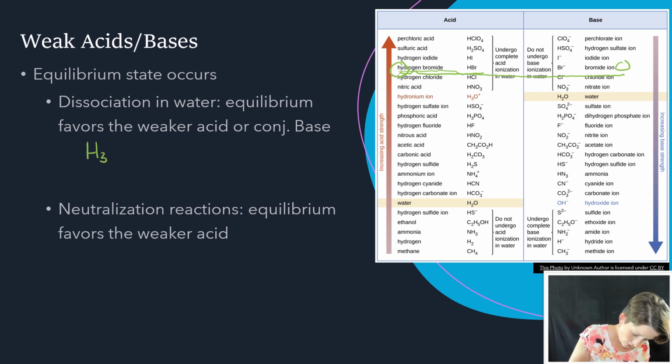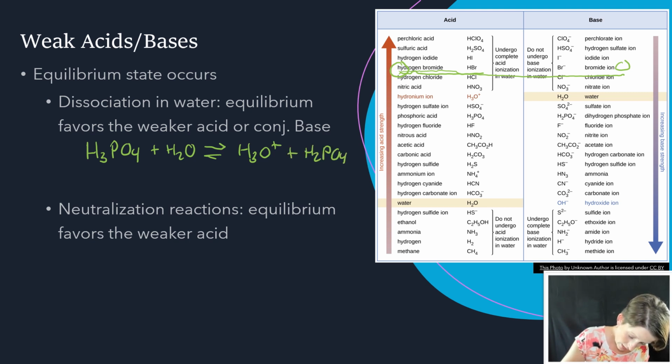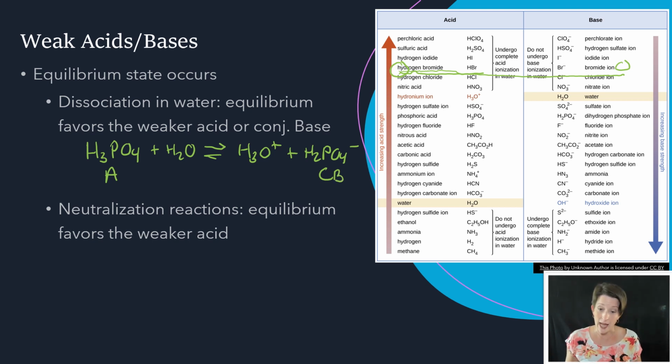So if we have phosphoric acid, it's going to dissociate into water. It's going to make our hydronium ion and our H2PO4-, the dihydrogen phosphate ion. So we know this is our acid and this is our conjugate base. Which side is going to be favored in this equilibrium?